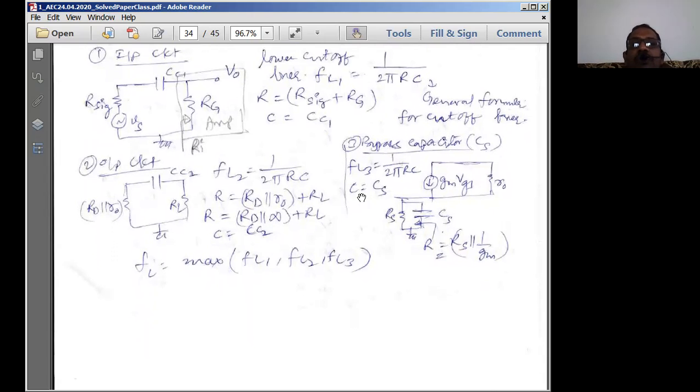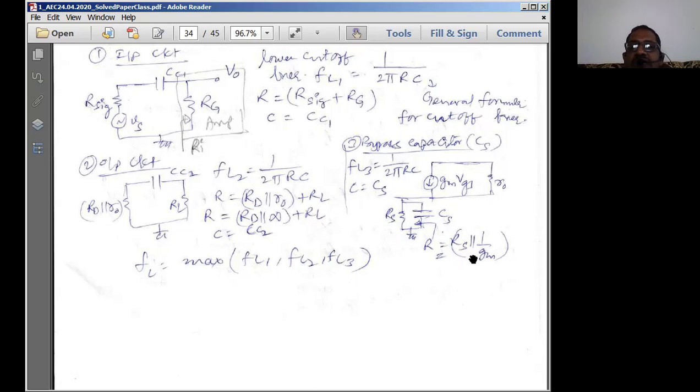And next we'll go for the effect of the bypass capacitor and the source resistance RS. So we have to find out the equivalent resistance R. The equivalent resistance R is nothing but equal to RS in parallel to 1 by gm. Just remember this equation. This we have solved in the ED subject when we were discussing the high frequency analysis of this circuit. And we just got this relationship, so directly we use this relationship.